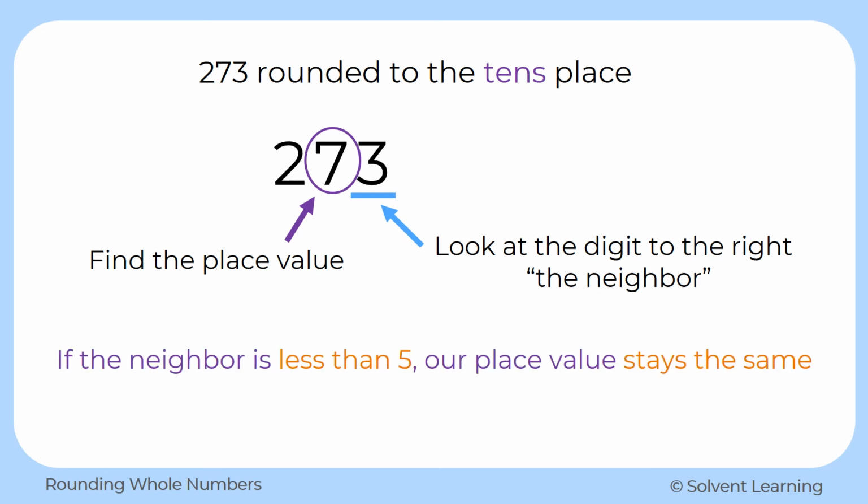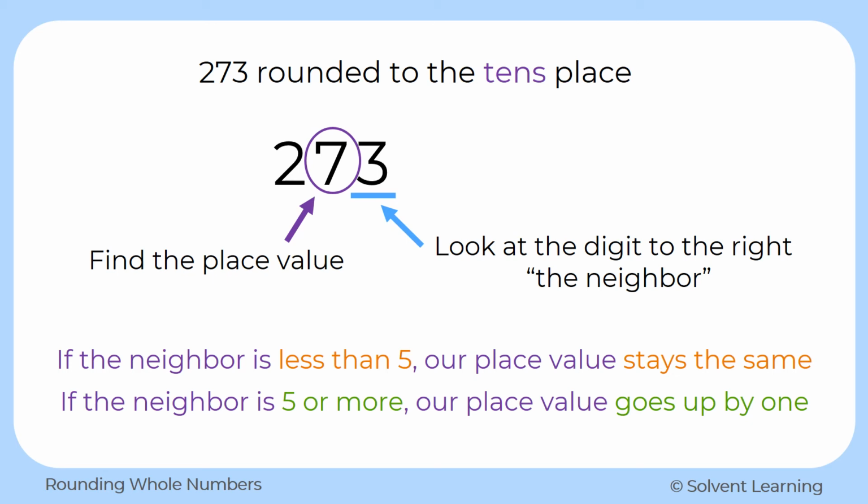Okay, same rule as before. If the neighbor is less than 5, our place value stays the same. If the neighbor is 5 or more, our place value goes up by 1. Since our neighbor, the 3, is less than 5, that tells us that our place value number, the 7, is going to stay the same.